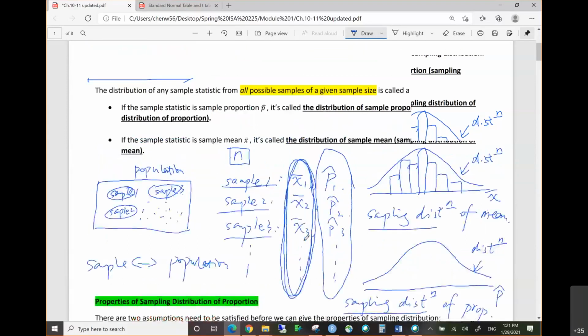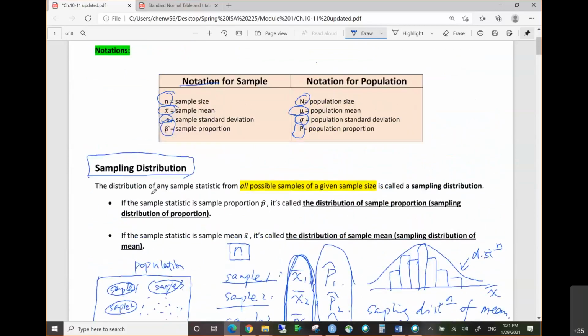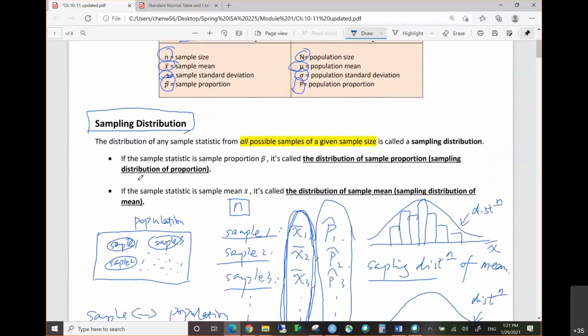And now let's come back to the definition of the sampling distribution. It is the distribution of any sample statistic from all possible samples of a given sample size, called the sampling distribution.